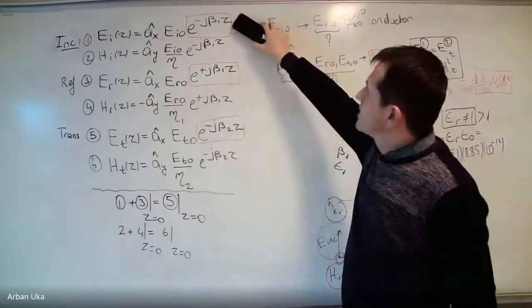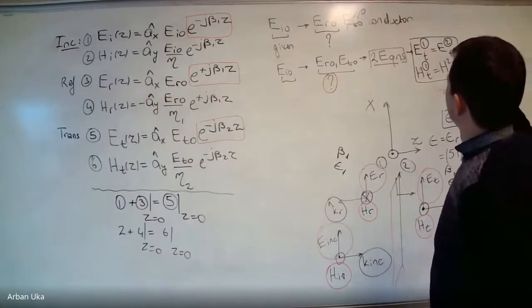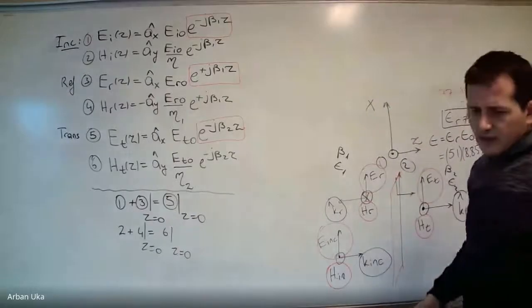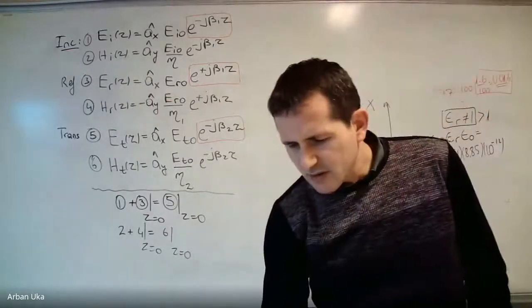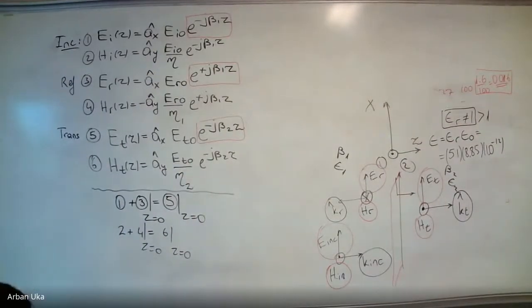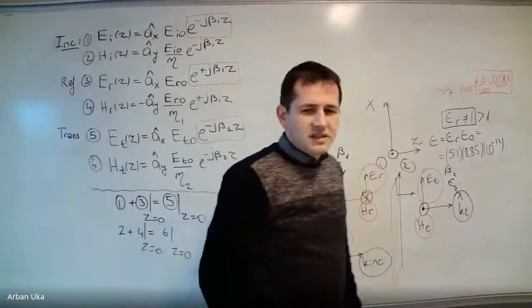These exponentials at z equal to 0, they are equal to what? 1. That's 1. Okay, if they are equal to 1, can this problem get any simpler? It cannot. It could be simpler only if they are 0, but they're not.